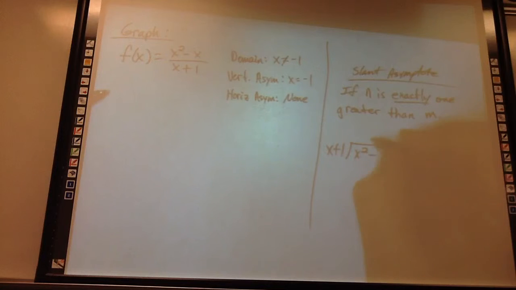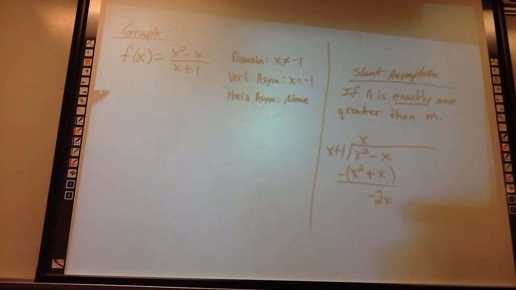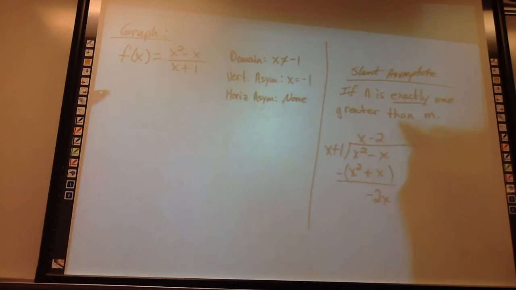X, X squared plus X. Oh, you're subtracting. Negative X minus X is negative 2X. X goes into negative 2X negative 2 times.